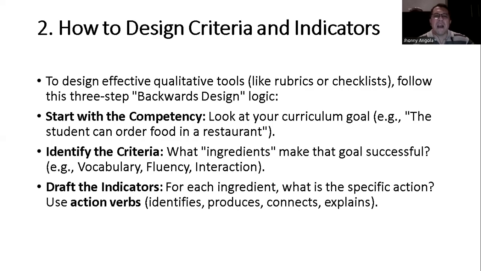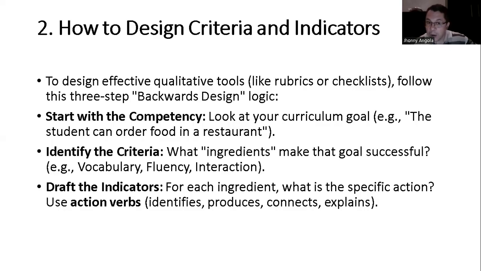Second, identify the criteria. What ingredients make the goal successful? For example, vocabulary, fluency, interaction, knowledge of the content, and others. Third, draft the indicators. For each ingredient, what is the specific action?